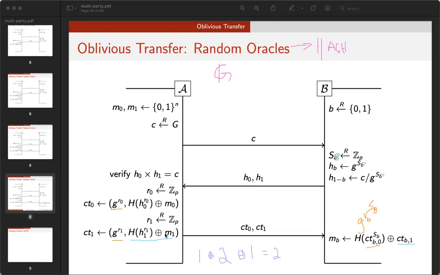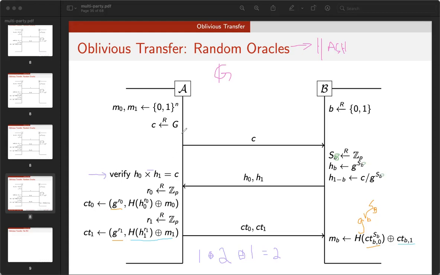And here is a really interesting point. If you skip this step of verifying that H0 times H1 equals C, well then Bob could set H1 minus B to be G to the SB2, and then Bob will be able to unlock both messages. So this requirement is why Bob can't unlock both messages.